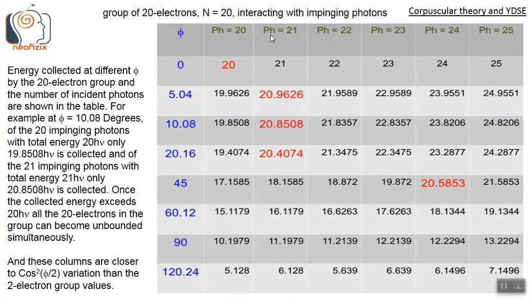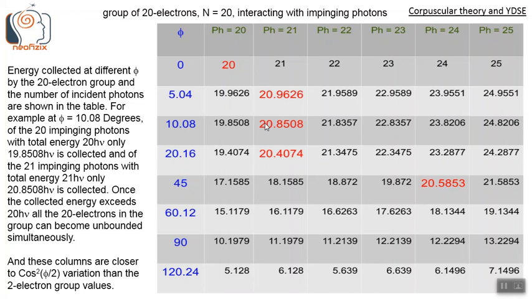And of the 21 impinging photons with total energy 21 h nu, only 20.8508 h nu is collected. And once this collected energy exceeds n h nu, or 20 h nu, which is the number of electrons in the group, all the 20 electrons in the group can become unbound simultaneously.